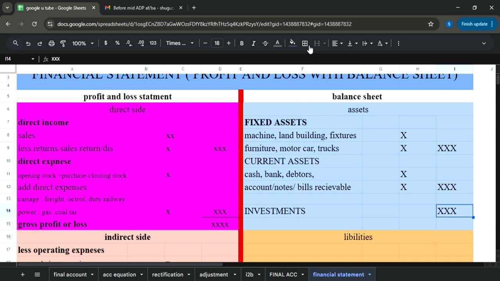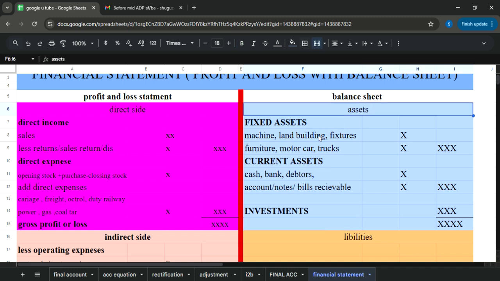When you will get three sums, you will be now ready to calculate total sum of assets at this stage. So sum of fixed asset, sum of current assets, and investment. This would be your total sum of assets.